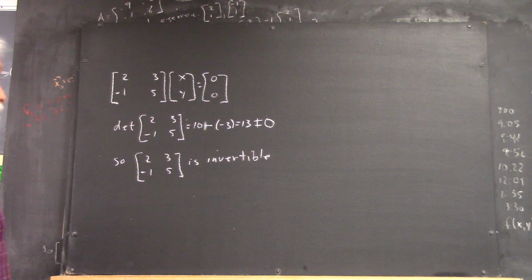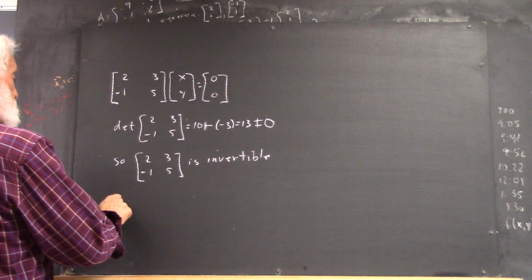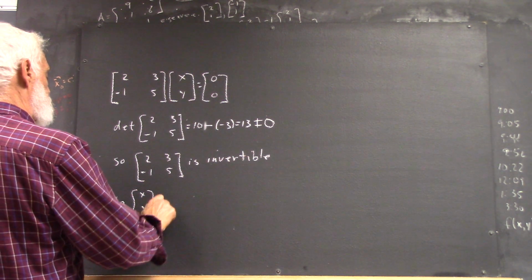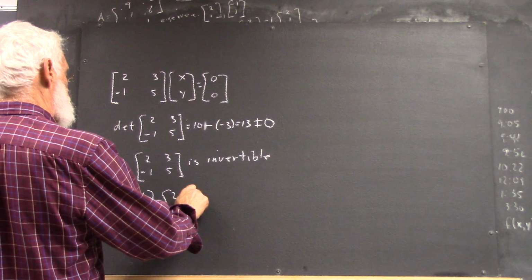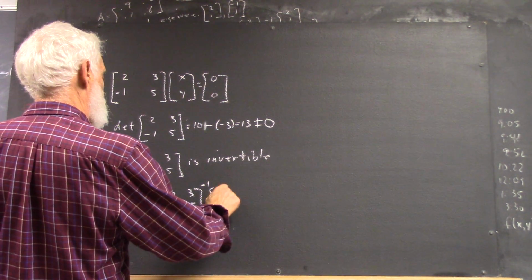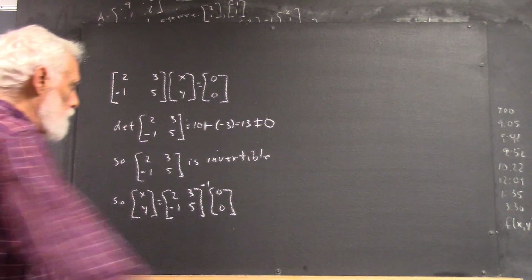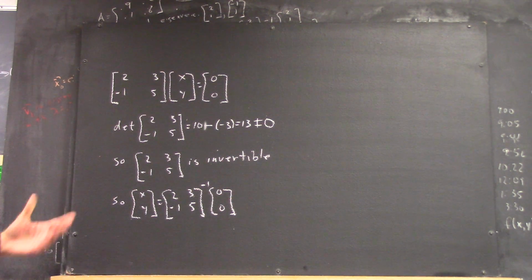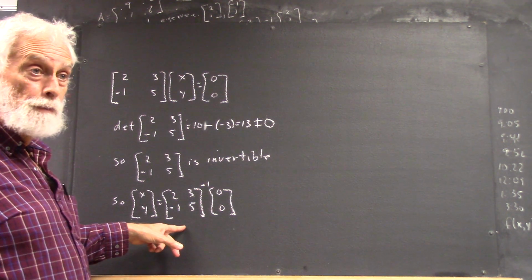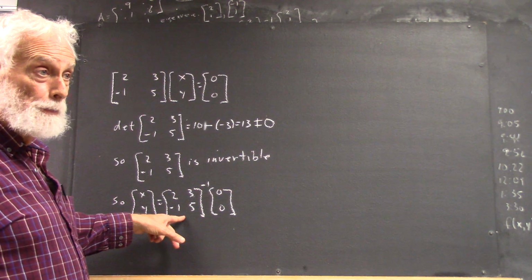Well, we don't have to invert it. We just write out the equation without bothering to invert the matrix. Since the matrix is invertible, we know we've got an inverse matrix.